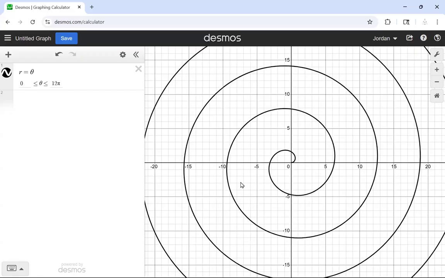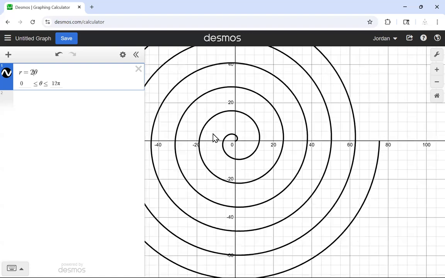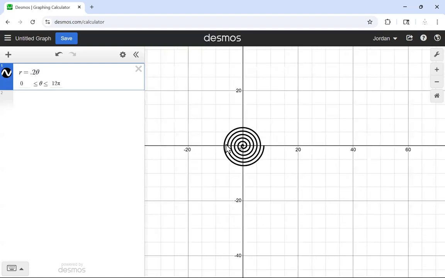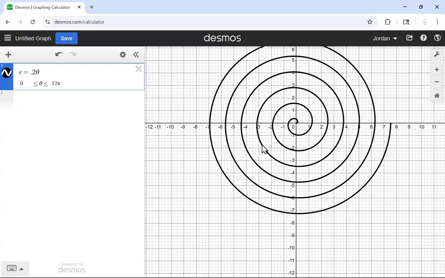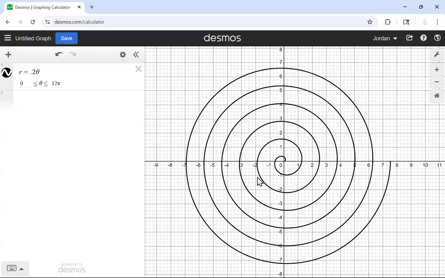That's what we get. An interesting thing. By the way, you can put in any coefficient you want. Then your spirals just get bigger or smaller depending on which coefficient you use. Putting a coefficient of 0.2 makes our spirals tighter. And then this pattern would go on forever.